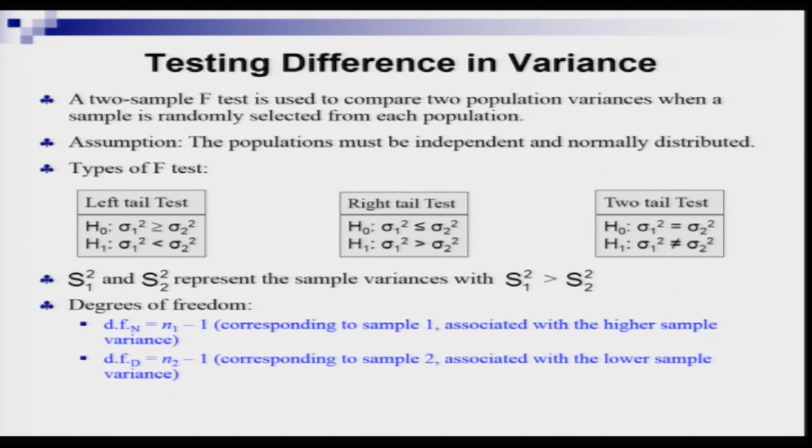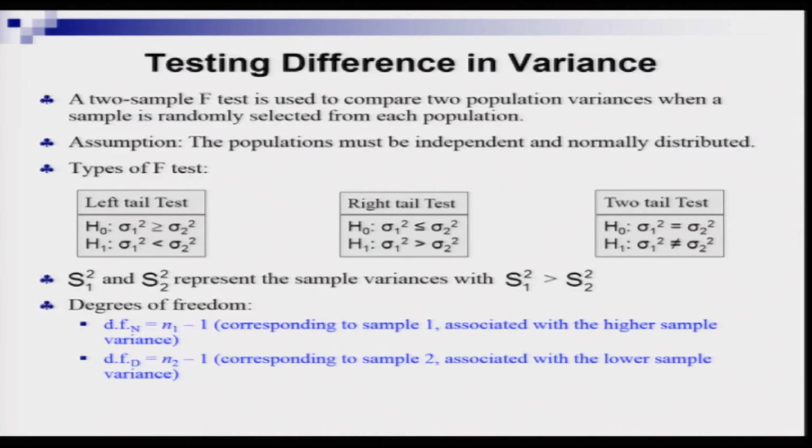So, you call the population with the higher variance population 1, the population for which you observe the higher value of sample variance, and so we can write S1 square is greater than S2 square. This is important to conduct an F test for checking the difference in variances.